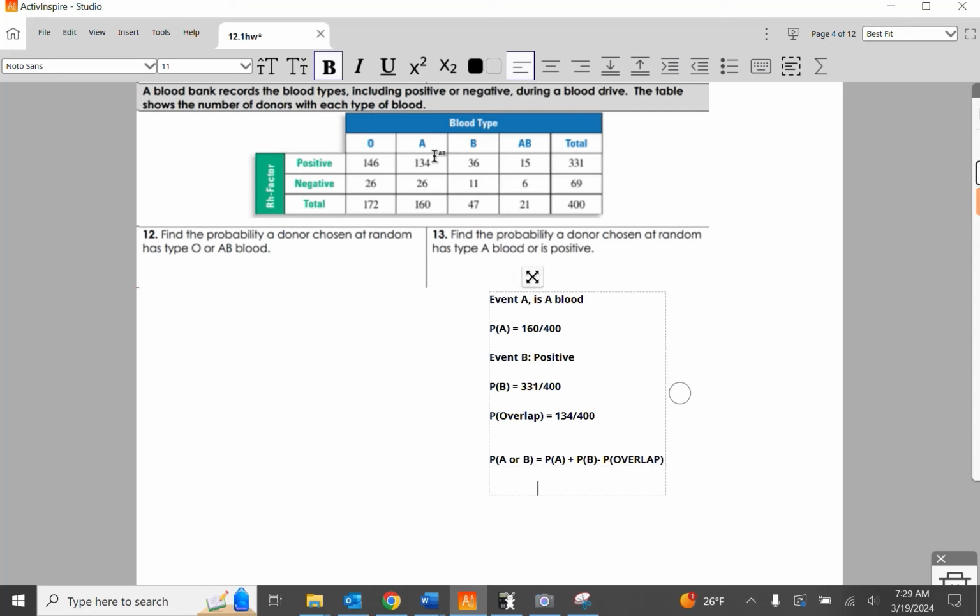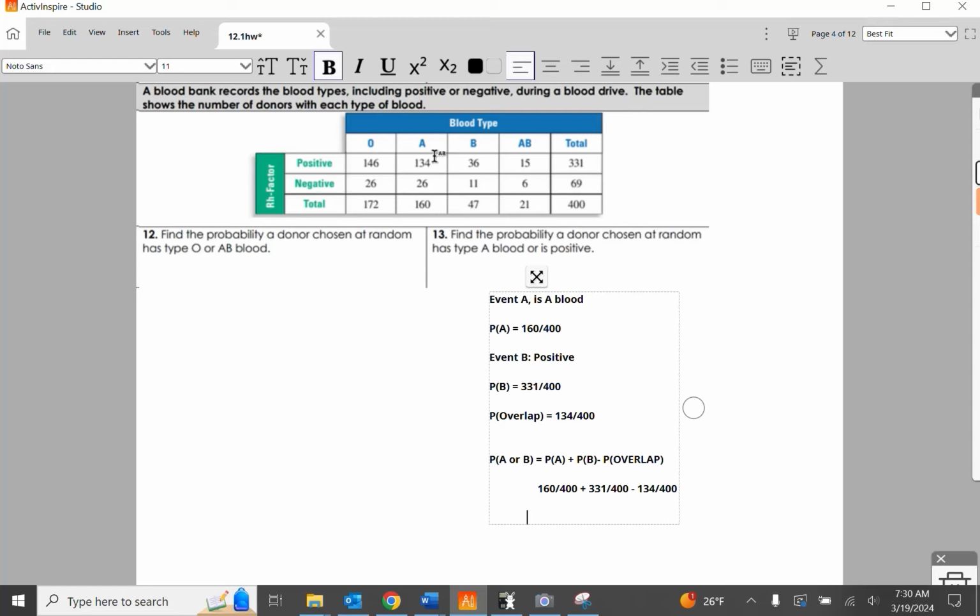So event A was 160 out of 400. Event B was 331 out of 400. Then we have to take away the overlap space of 134 out of 400. And then we do the math. There's another way of doing this. You could just count everything that it wasn't.